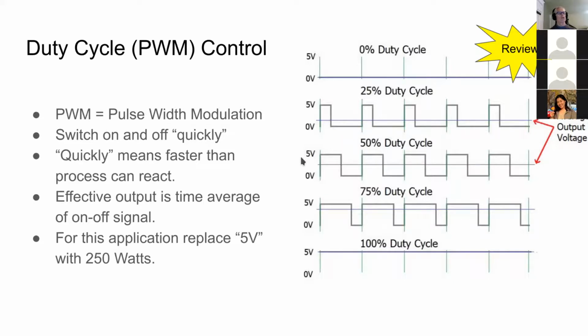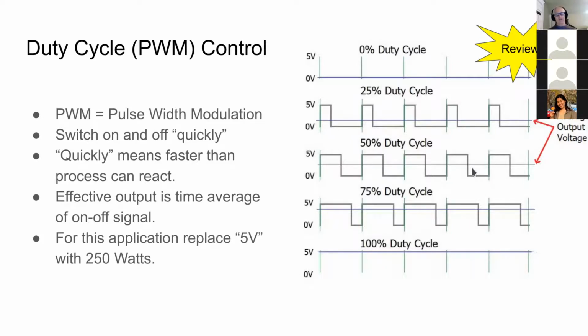So we always switch on at this green line, unless our duty cycle is 0. And we switch off at a time that's some proportion of the period, including 25%, 50%, 75%, and 100% as examples here. But it's not uncommon to have 255 individual options here, or even 1024.